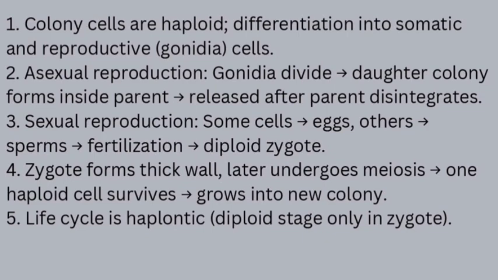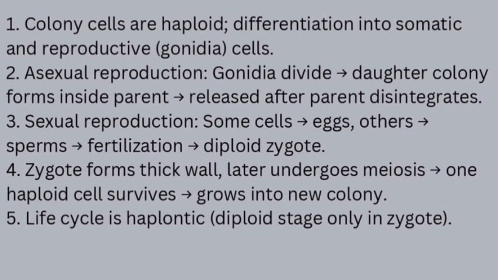In sexual reproduction, some cells produce egg cells and some cells produce sperm cells. The egg and sperm get fertilized and lead to the formation of a diploid zygote. The zygote that forms has a thick wall. Later it undergoes meiosis. One haploid cell survives and grows into a new colony.